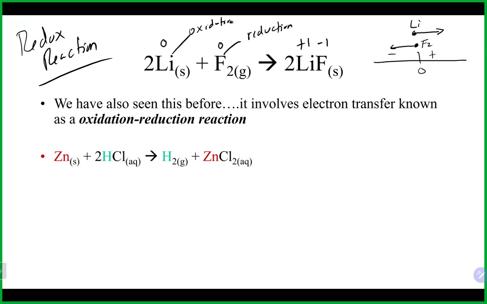By the way, if you are asked what is being oxidized and what is being reduced, that is always found on the left-hand side of the arrow. So that should always be reactants when you're asked who's going through oxidation or reduction. Not to confuse too much, but there is something known as oxidizing agent or reducing agent, which is actually asking something different.